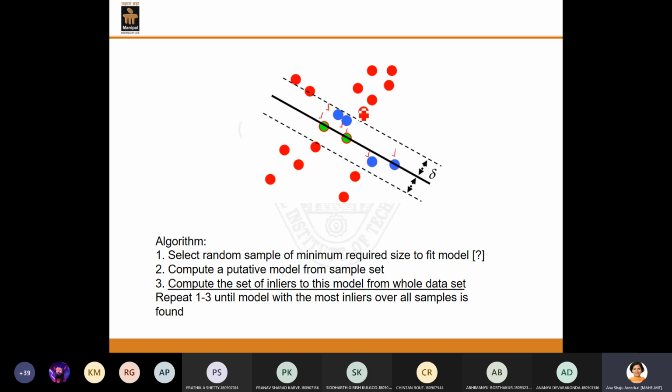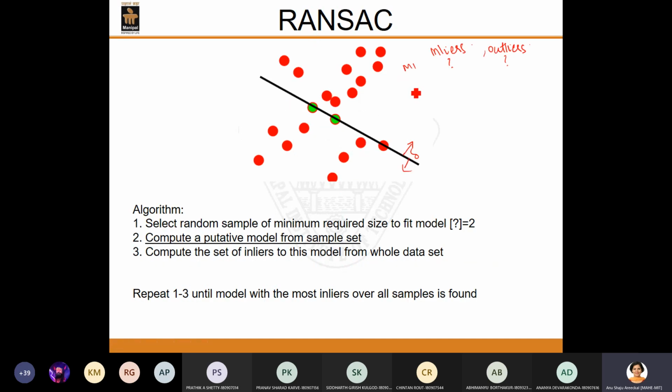So in this case, we note down how many inliers and outliers are present for this particular line estimate. Next, you take another 2 random points, fit a line to those, take the thresholded region from there, and identify how many inliers and outliers there are. Then with another line estimate, you again find out how many inliers and outliers there are.